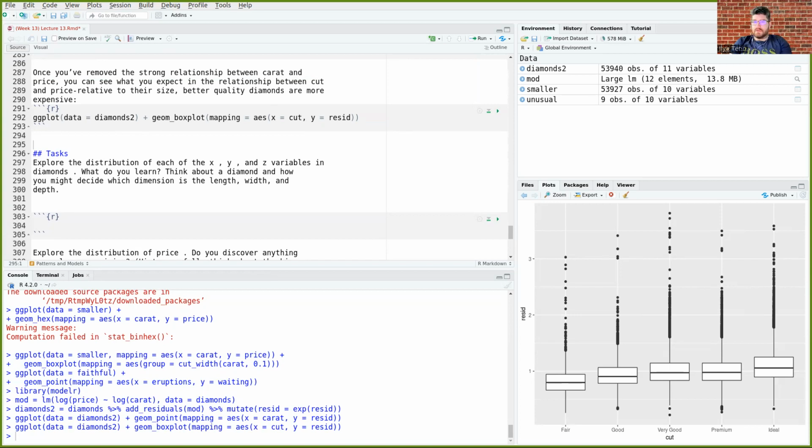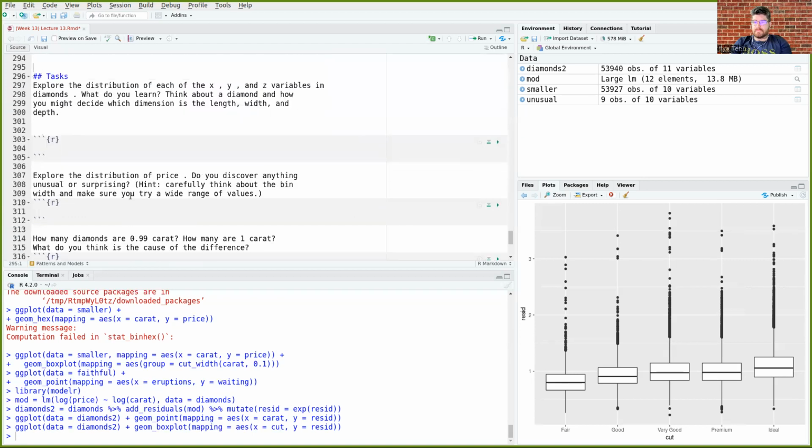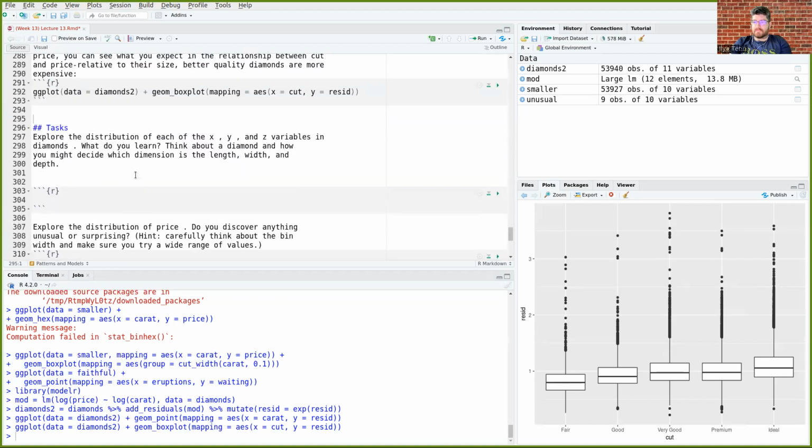I have a question. Professor, for the first task, think about a diamond and how you might decide which dimension. What do you mean by that? Like we look at the range of that. Okay, this is length, width, and depth. These are the x, y, and z variables. These are dimensions.